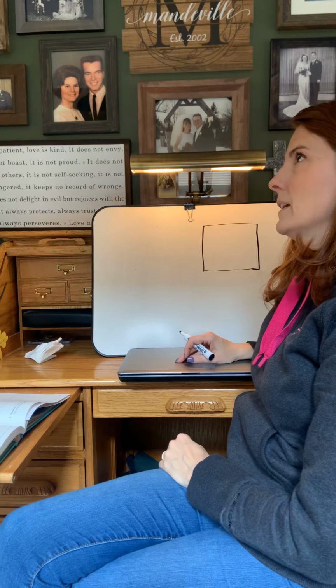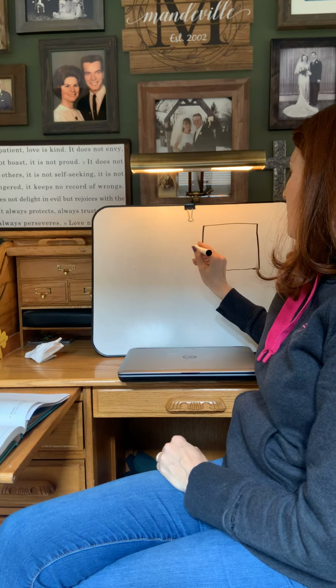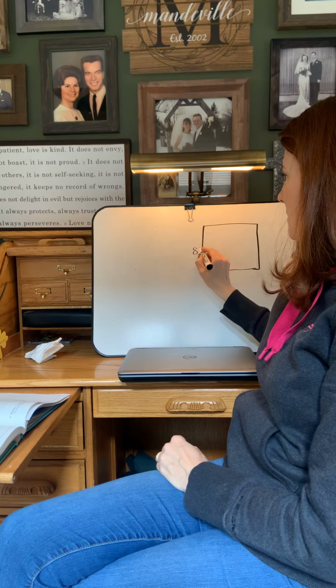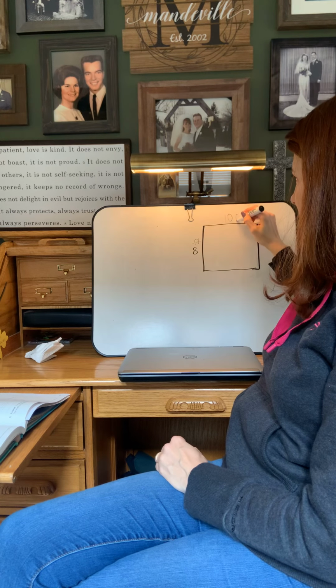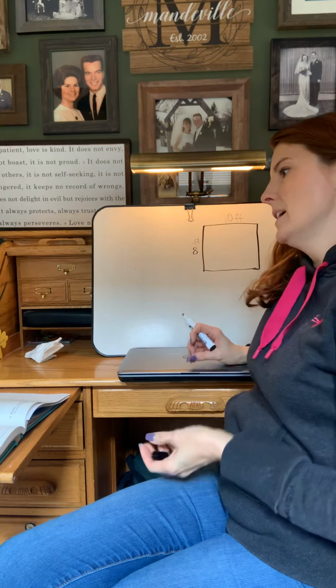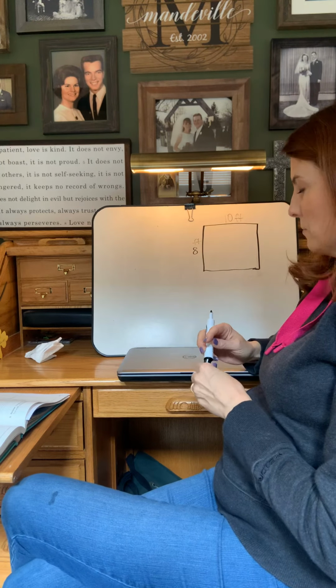So if one of Ryan's walls is, I don't know, let's say, I have no idea, 8 feet by 10 feet. If his walls are 8 feet by 10 feet, and we're going to figure out the area, it would be similar to making an array.